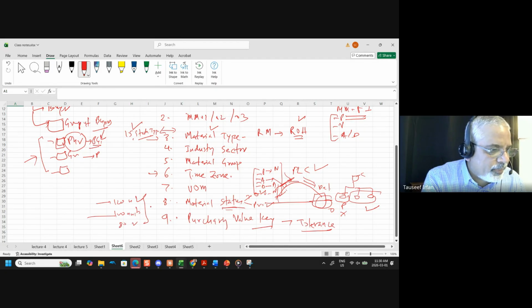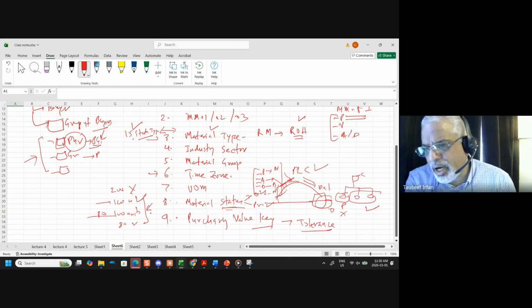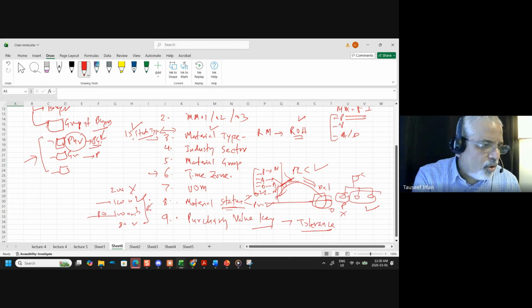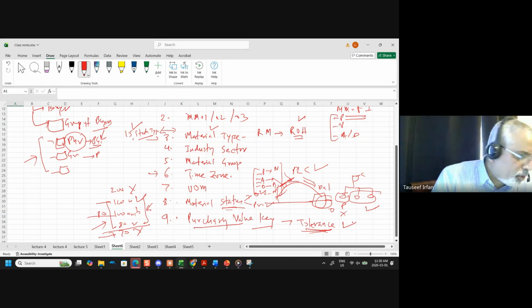This is my tolerance limit. But if I'm ordering 100 and the supplier ships 200, definitely I'm not going to receive it. It will block me in the GR saying it is over delivery. If the supplier ships 70 units, I'm not going to receive it because this is under delivery. So you need to decide your zone of receiving product, and where you decide that is the purchasing value key, your tolerance.